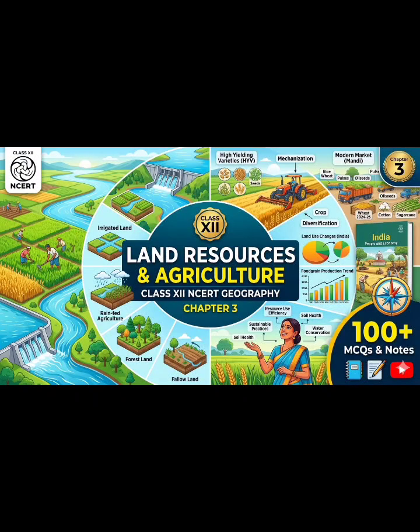The common property resources provide fodder for the livestock and fuel for the households, along with other minor forest products like fruits, nuts, fiber, medicinal plants, etc.